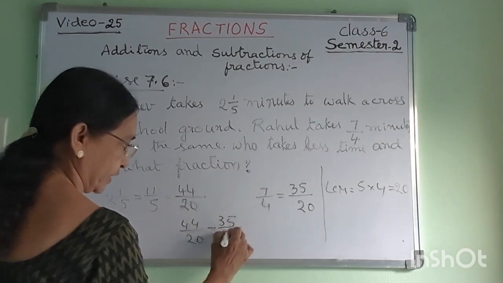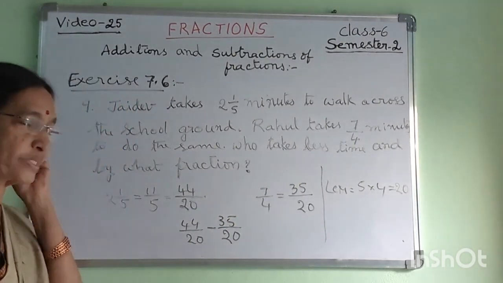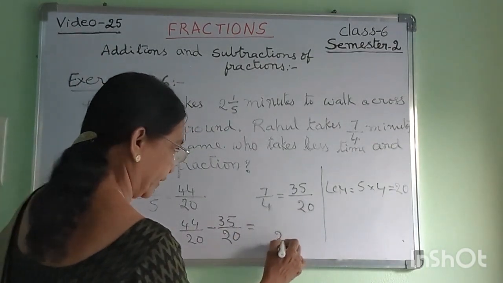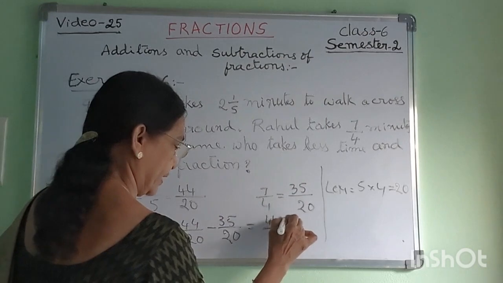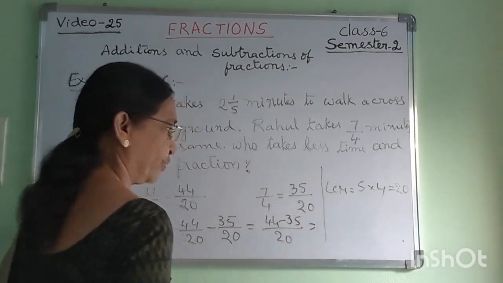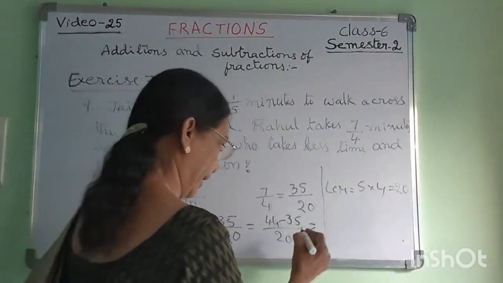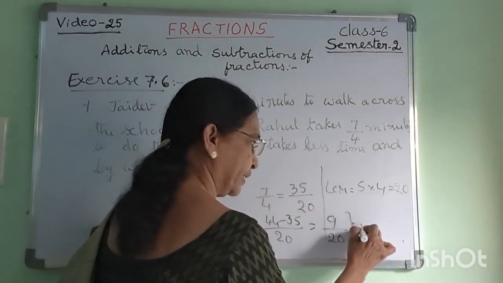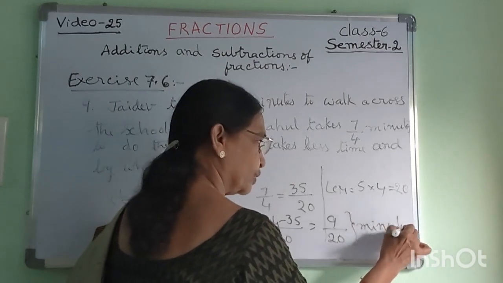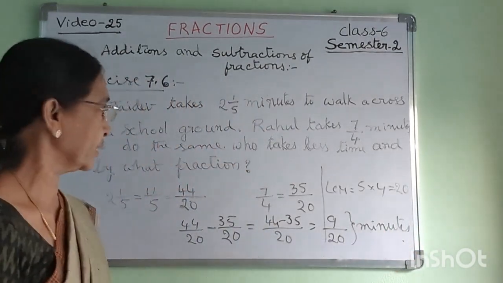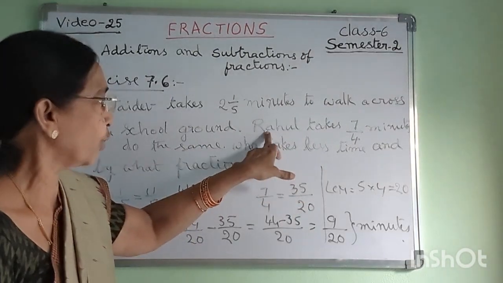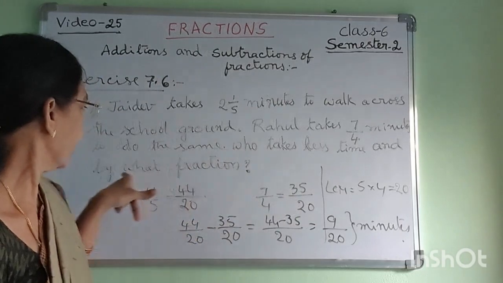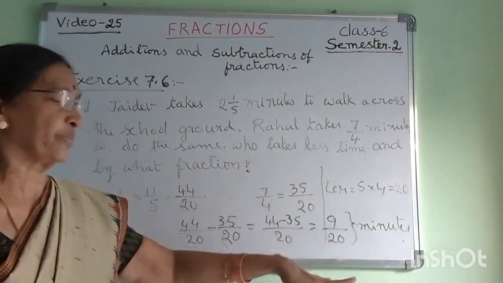The difference between the times taken by Jaidev and Rahul is equal to 44 minus 35 by 20. 44 minus 35 is equal to 9. So 9 by 20 minutes. So by 9 by 20 minutes, Rahul takes less time.